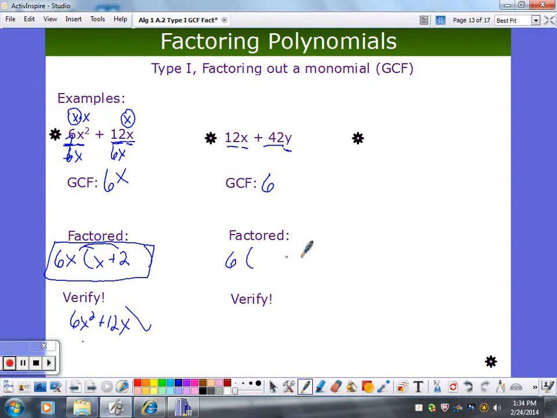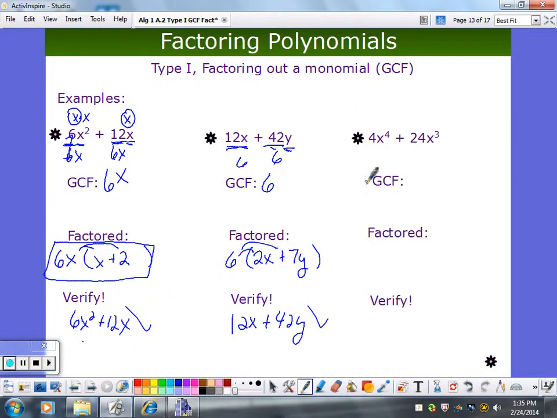So 6 is what's outside my distribution. Divide by the 6, you get 2x plus 7y. Just divide it. And then how do you verify? We work backwards, right? We just multiply. So 12x plus 42y. Did I get what I started with? Looking pretty good.